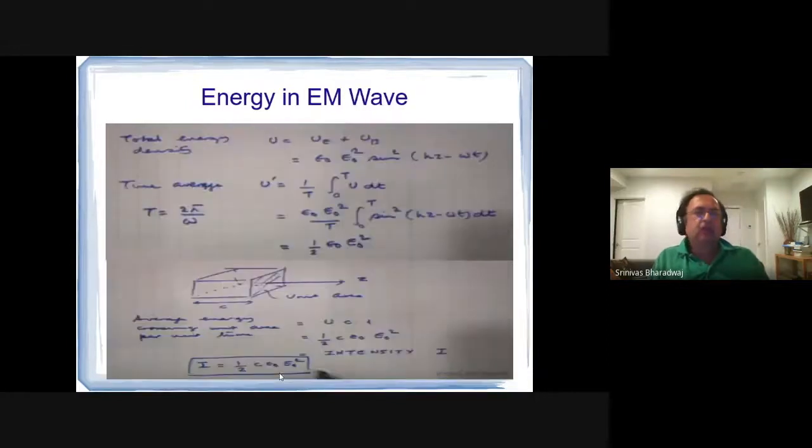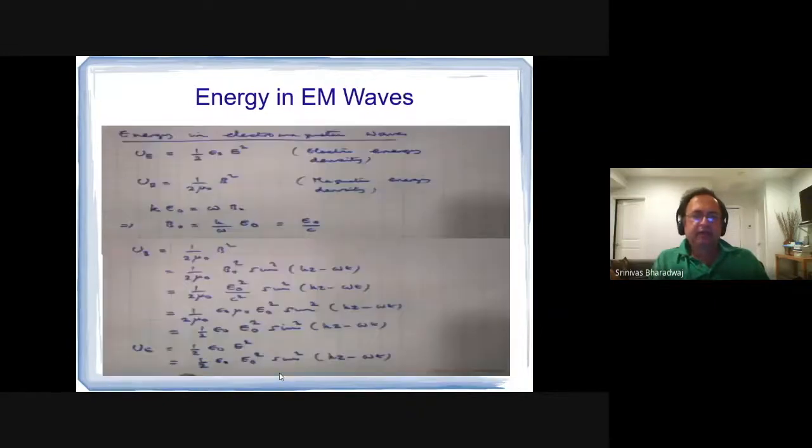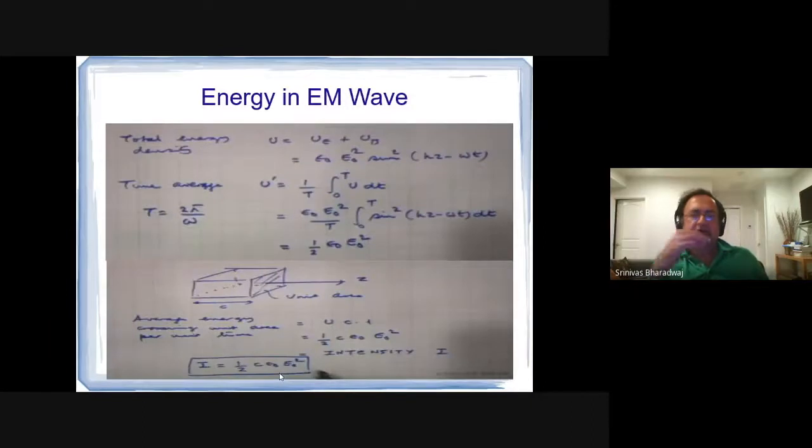So the total energy is the sum UE plus UB. Therefore, you have epsilon naught E naught square sine square (kz minus omega t). Half the energy is in UB, half the energy is in UE.